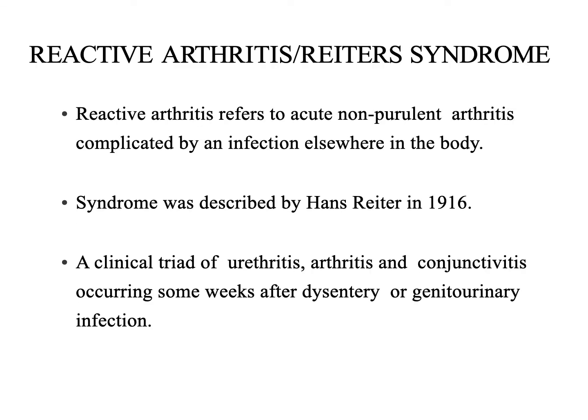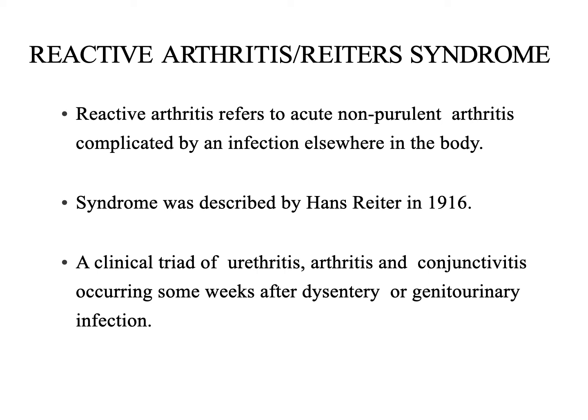Now let us move on to reactive arthritis or Reiter's syndrome. Reactive arthritis refers to acute non-purulent arthritis complicated by an infection elsewhere in the body. This syndrome was described by Hans Reiter in 1916, hence it is called Reiter's syndrome.